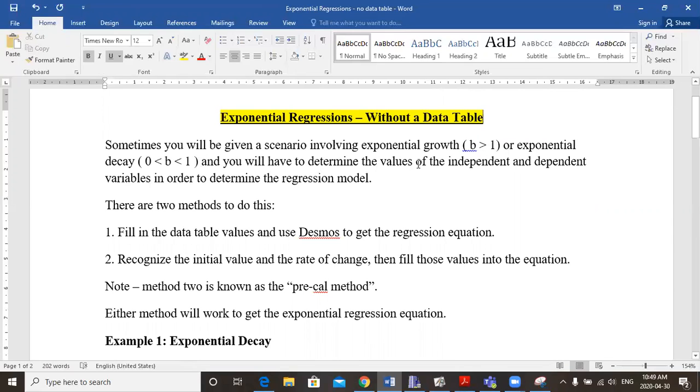You will have to determine the values of the independent variable, X, and the dependent variable, Y, in order to get the regression model. So X is the independent, and of course Y is the dependent variable. There's two methods we can do this. So number one, we can fill in data tables and use Desmos to get the regression equation. We recognize the initial value and the rate of change and fill those values into the equation.